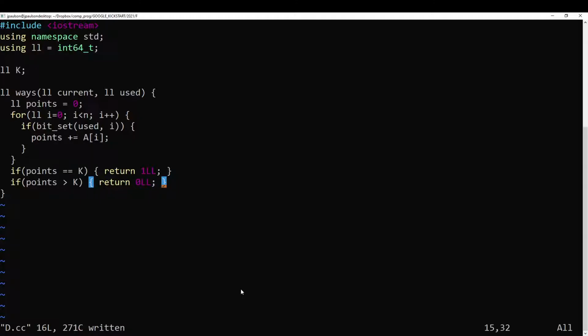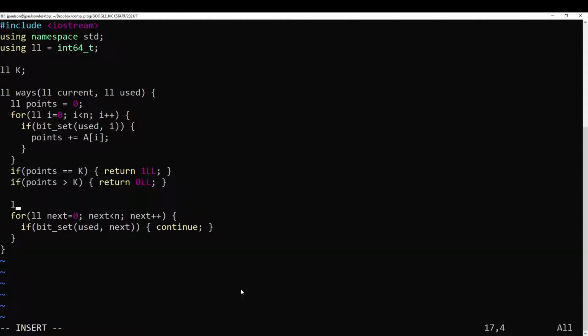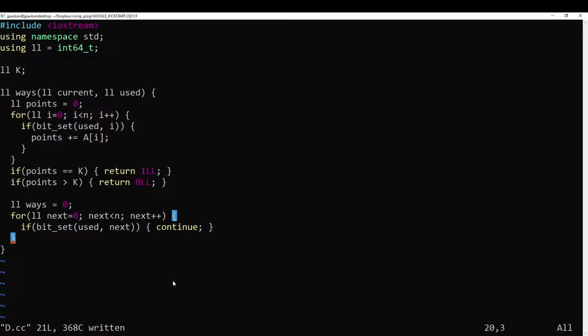If we're more than k, we lose. Let's try all of the next rooms. Is there a mod or anything? No. Okay, I guess 15 factorial is small enough.